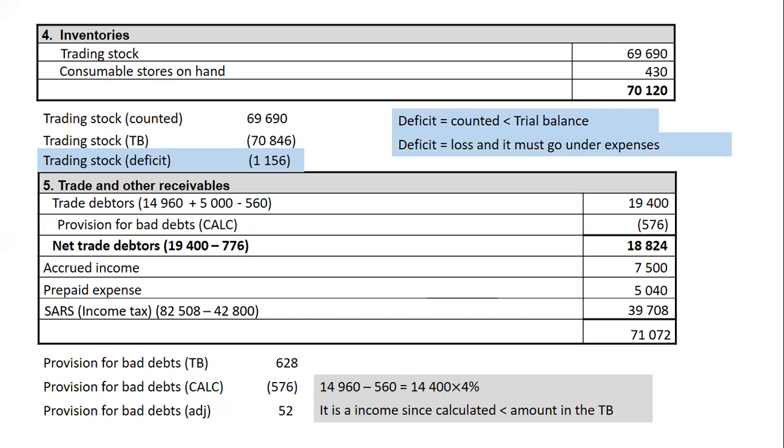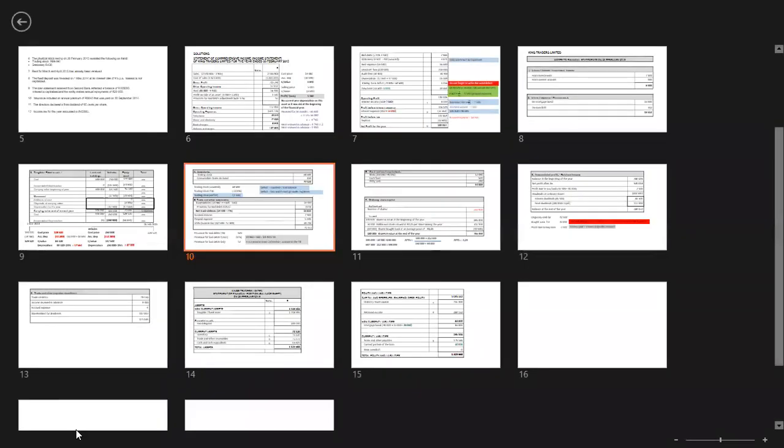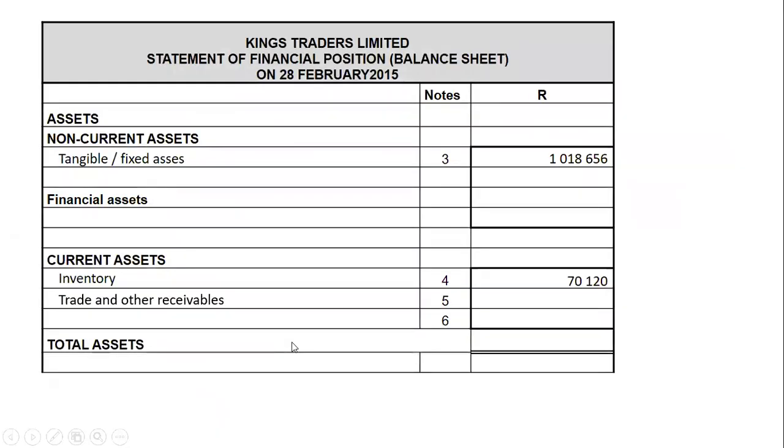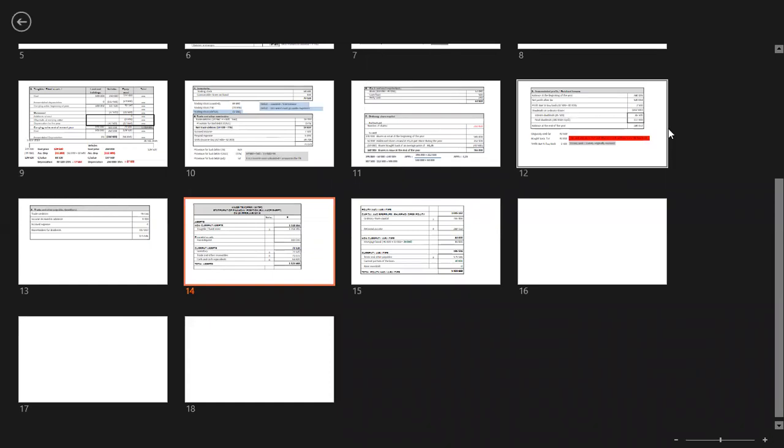In this case, SARS owed us that amount because those were just prepayments, made before we calculated our final tax amount. All right, that will go to current assets as simply trade and other receivables. Now that I need to close everything off, I'll just start with my incomes, okay?